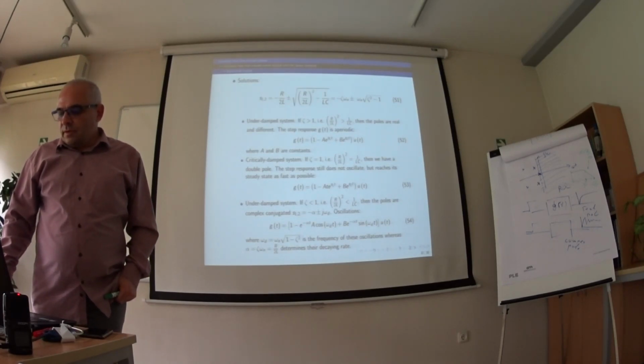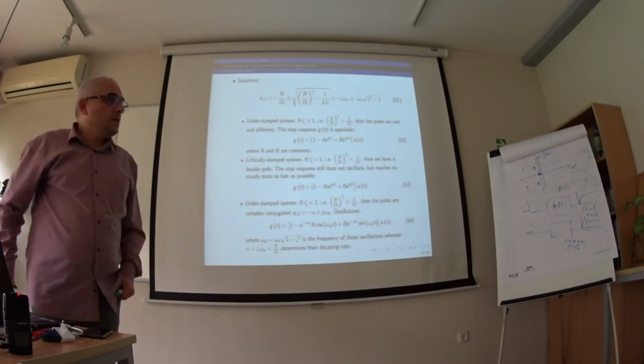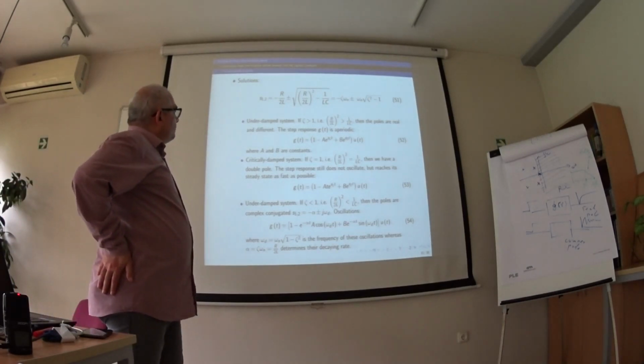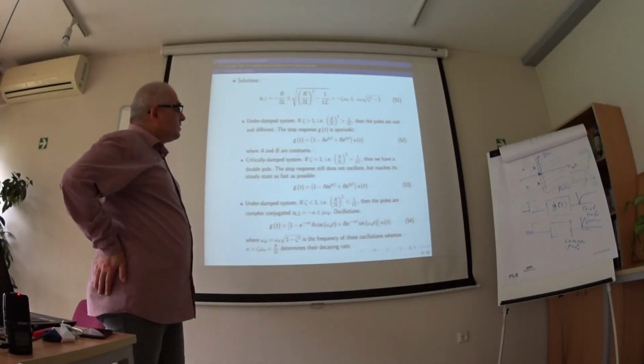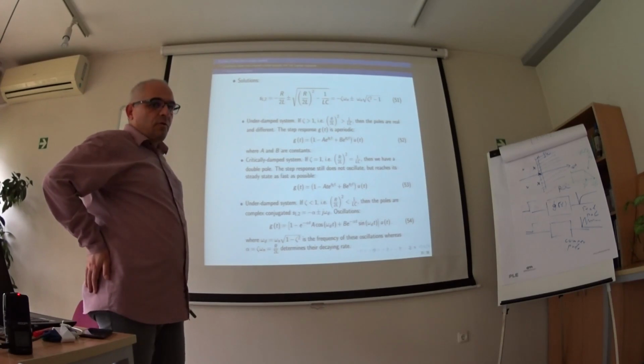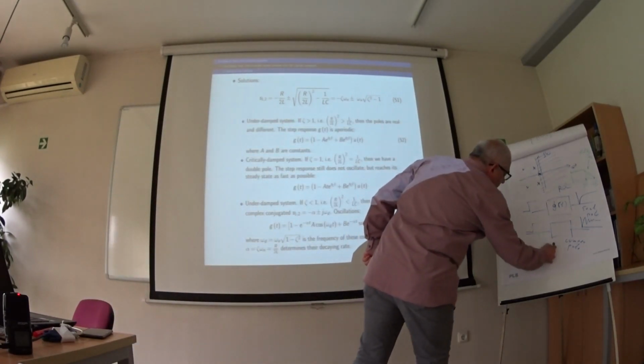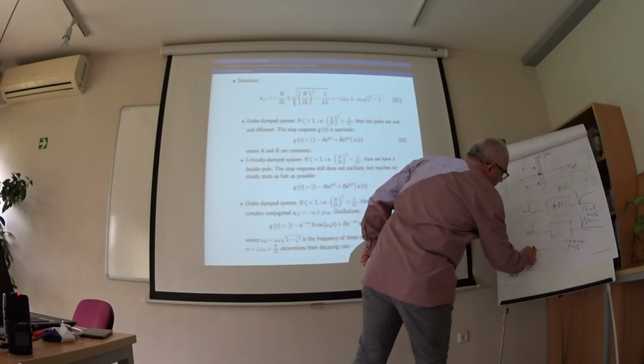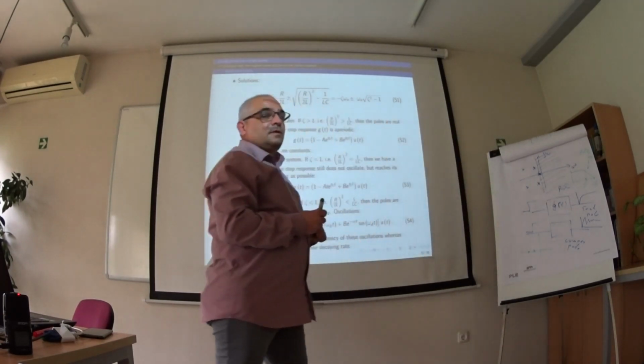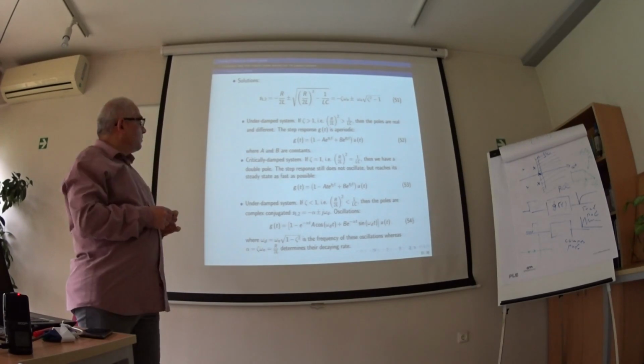Three situations. When the damping factor is greater than 1, this is called an overdamped system. We have two poles, but they are real but different. So one pole is here and the second is here.